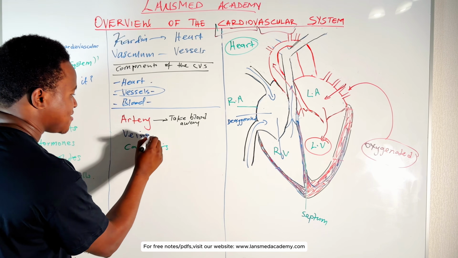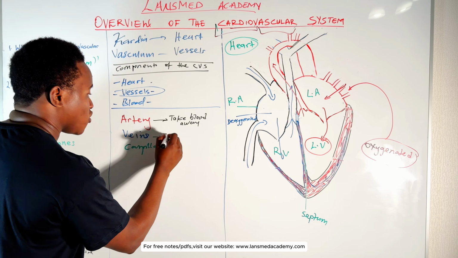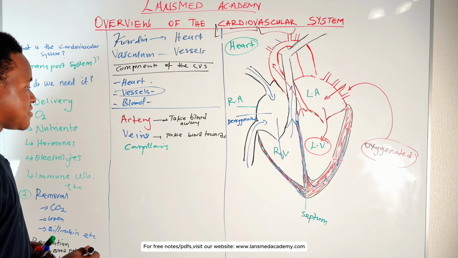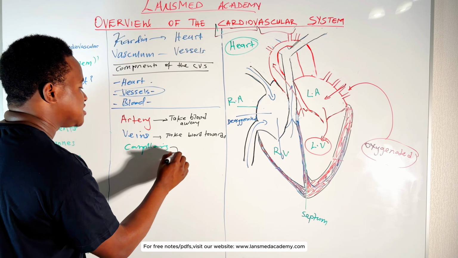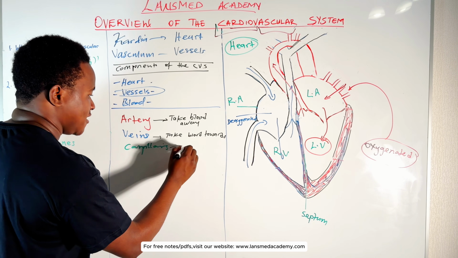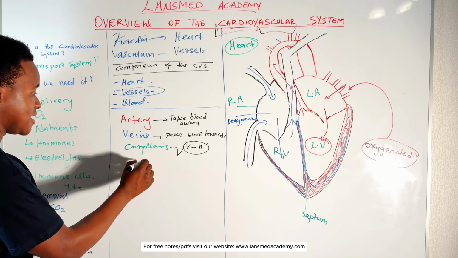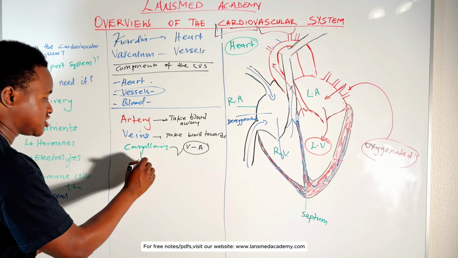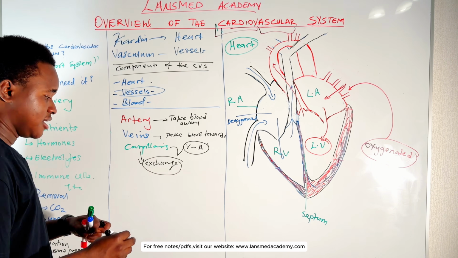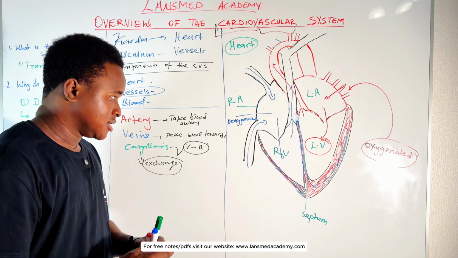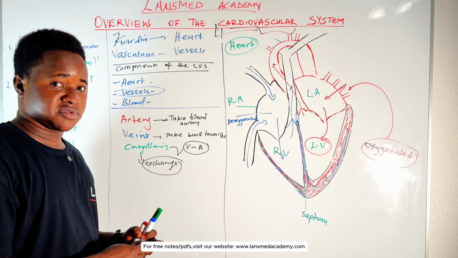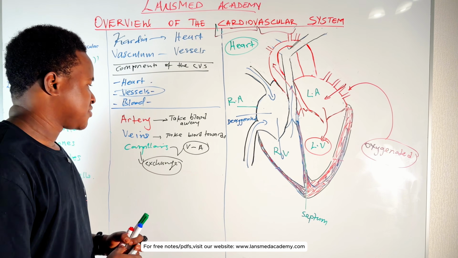The veins take blood towards the heart, whereas capillaries are integrating this work between veins and arteries. So this is basically where exchange is happening, in the capillaries, right? They are the smallest vessels of the cardiovascular system.